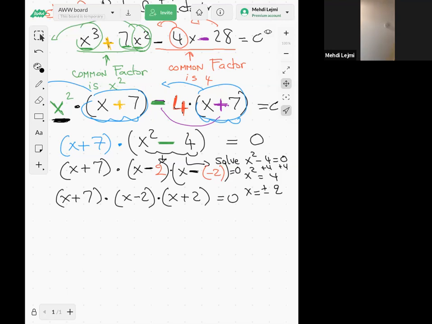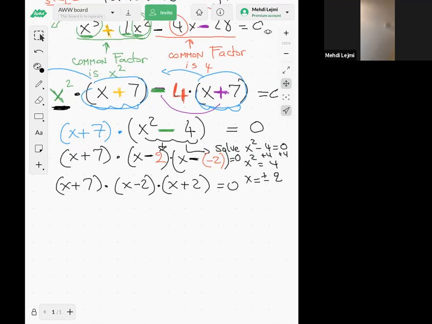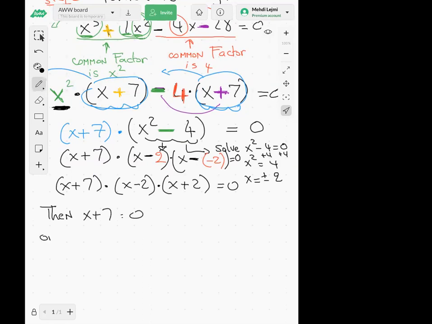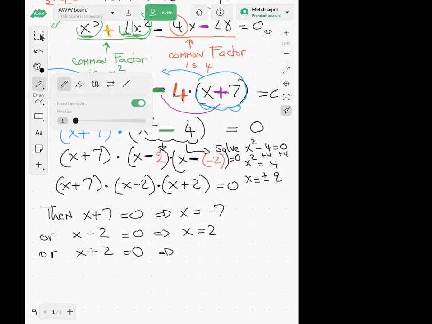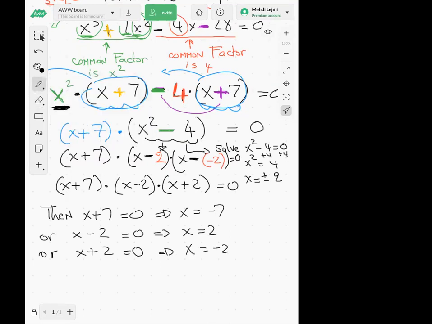So either x plus 7 is 0, or the second number is 0, or the third one is 0. So then x is negative 7, or x is positive 2, or x is negative 2.